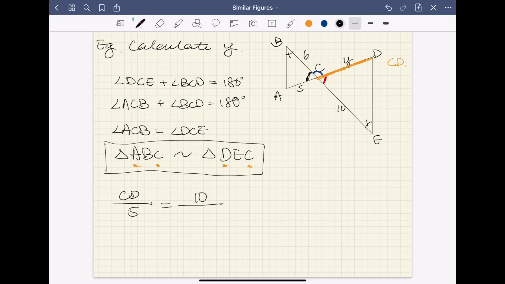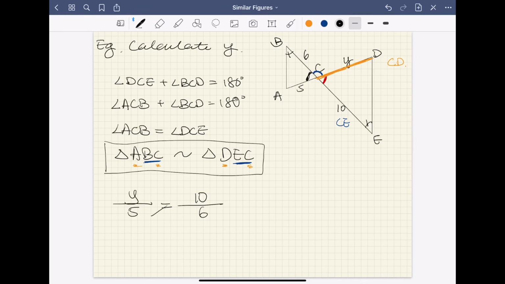And 10 is CE, between these two angles, so the corresponding side will be BC. BC is right here, which is 6, so 10 over 6. And I should write y here instead of CD.